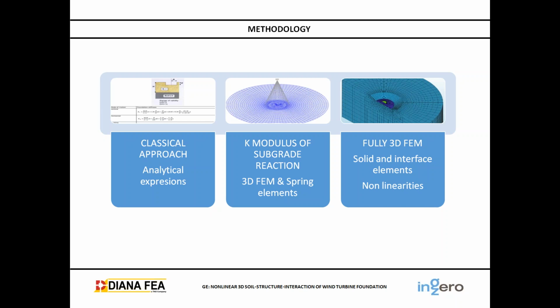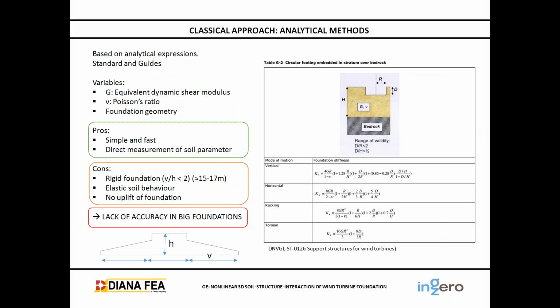One in which we represent the terrain with the modulus of subgrade reaction, represented by spring elements, and the fully 3D FEM, in which we represent the soil with solid elements and interface elements. We represent the interface between soil and structure, and it can include all the nonlinearities, general shape of the foundations, construction process, etc.